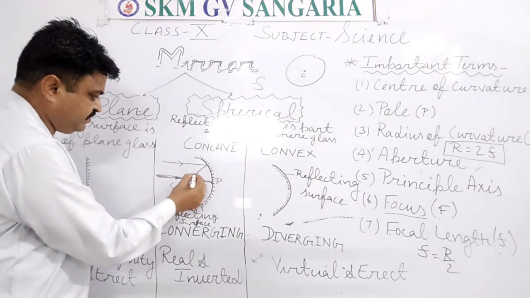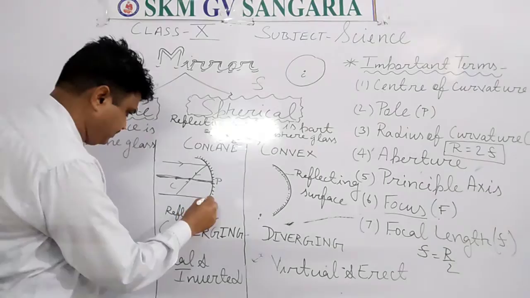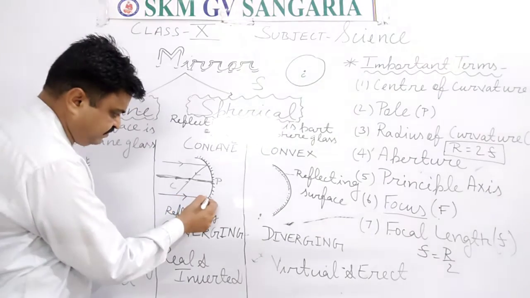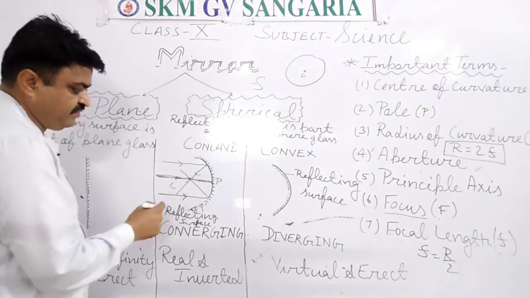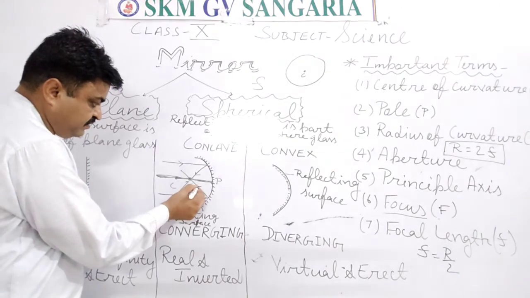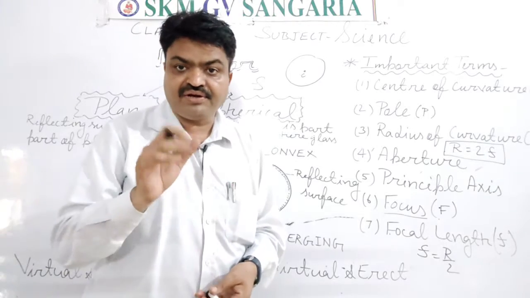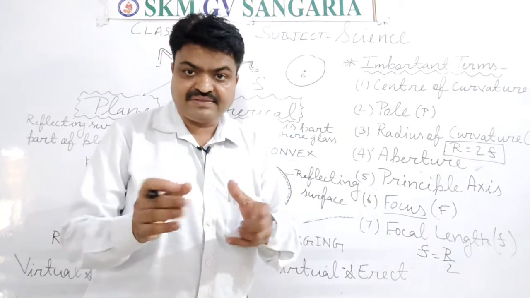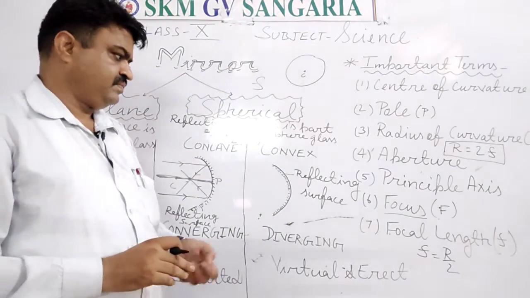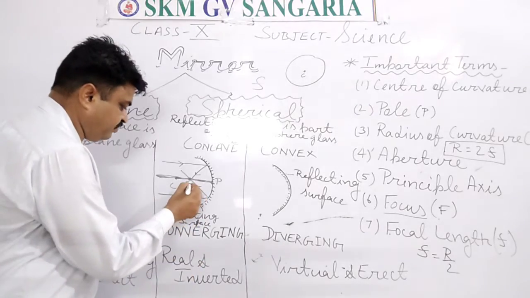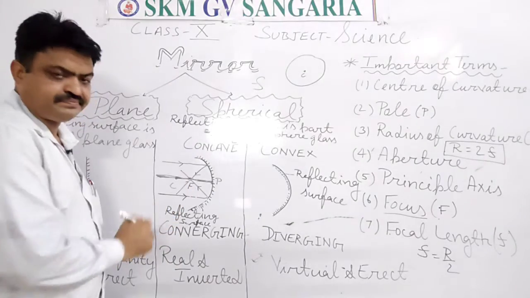We can also draw another incident ray, which will be reflected from here, and they will meet here. This point where the light converges on the principal axis is known as the focus, or principal focus, and we symbolize it by capital F.